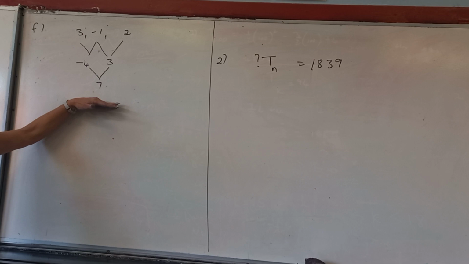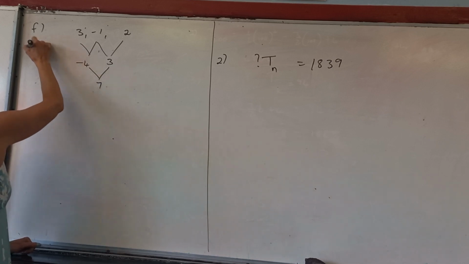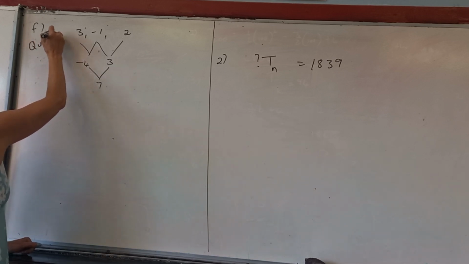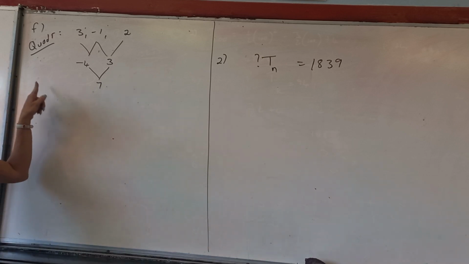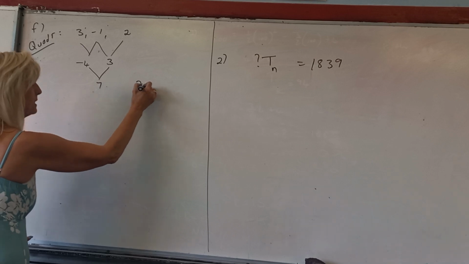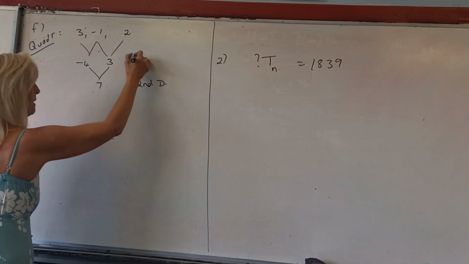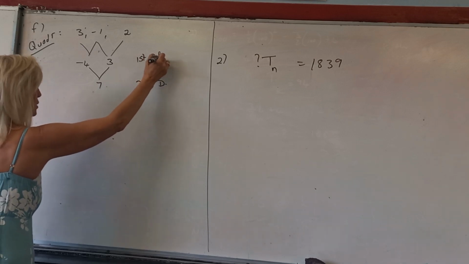How can I, without a doubt, say that this is quadratic? You can't. But they told you that this is a quadratic number pattern. Find me the general term. So because they said so, I can now say, okay, that is my second difference, and that is my first difference, which you don't have to write there.